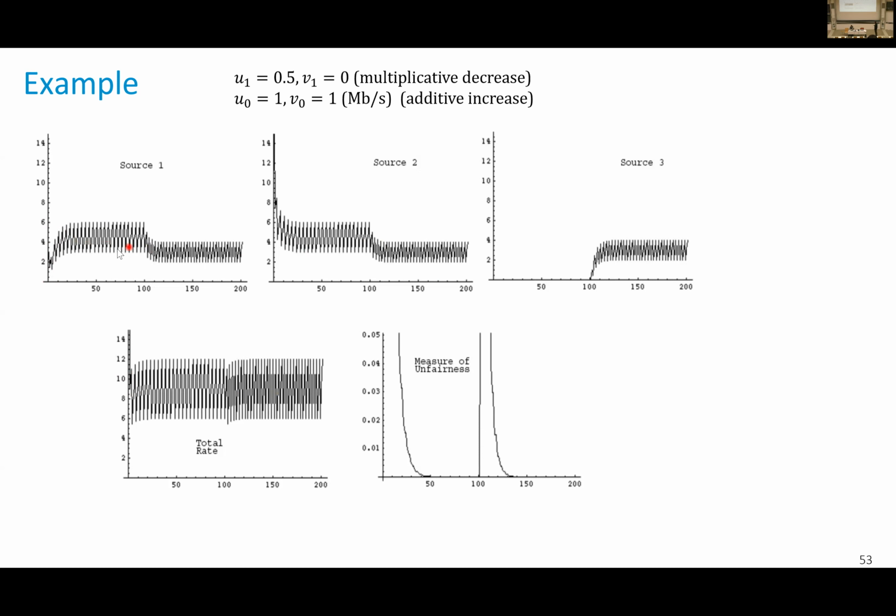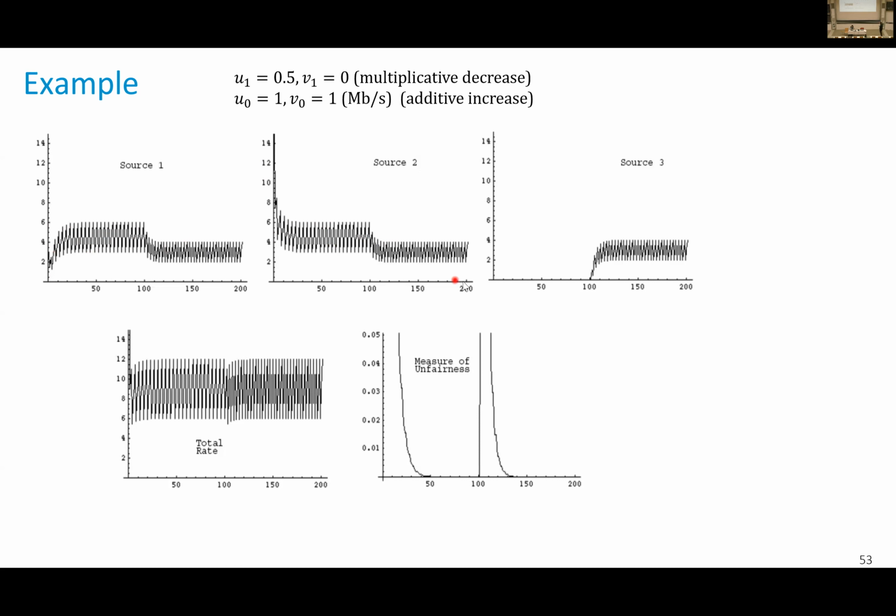But if we look at the first half of the figure, source 1 and source 2 converge to something that is oscillating around 5, which is half of the capacity. It's not extremely efficient because we increase or decrease by 0.5, but it is roughly efficient in the sense that it manages to share the bottleneck capacity, which was 10 megabits per second, with values that are on average the same for the two, even though they started from very different initial conditions.